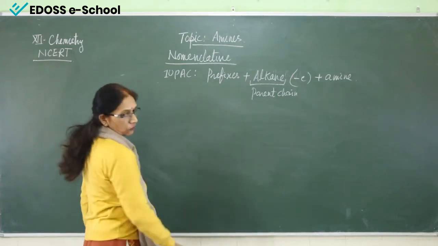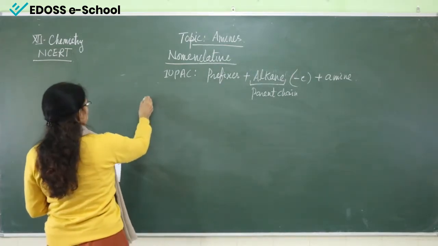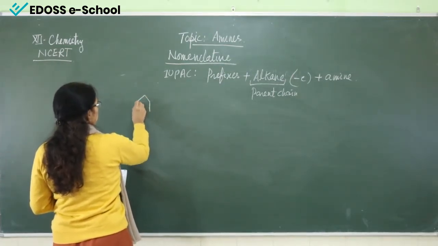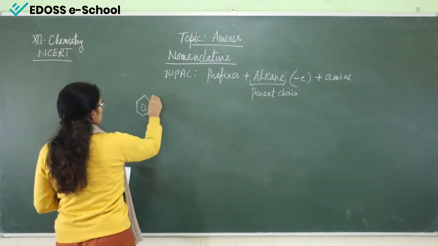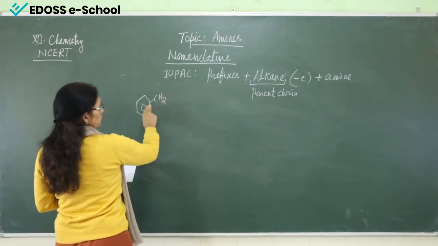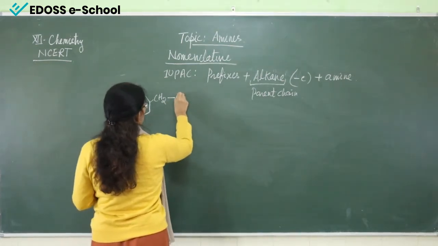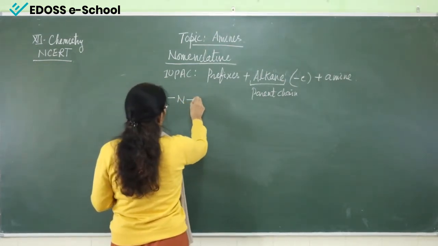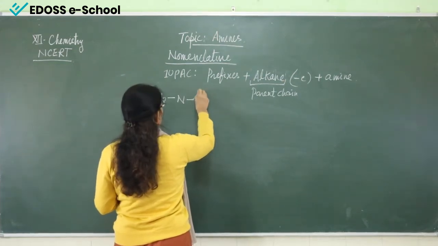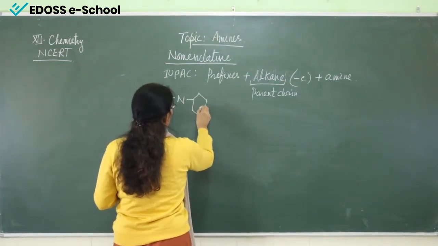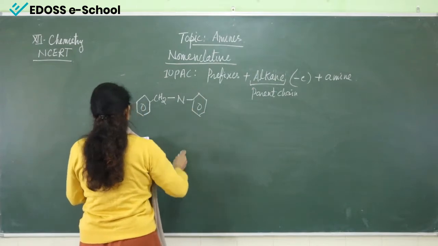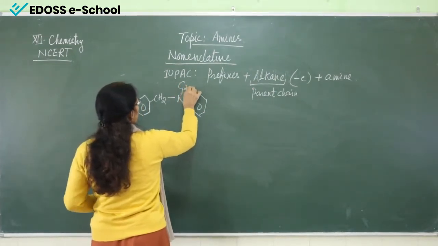Now coming to the second one. In the same way, one more example. We can see here, this is a benzene ring having a CH2 group, and this CH2 group is attached to nitrogen, and this nitrogen is attached to a benzene ring, and here it is C2H5.